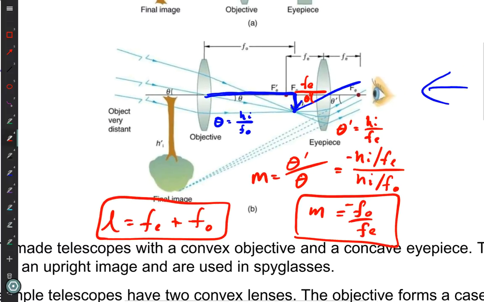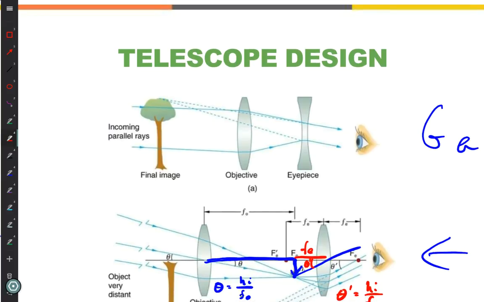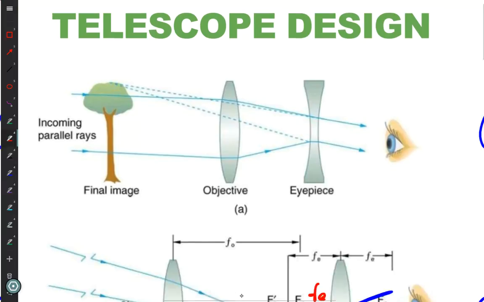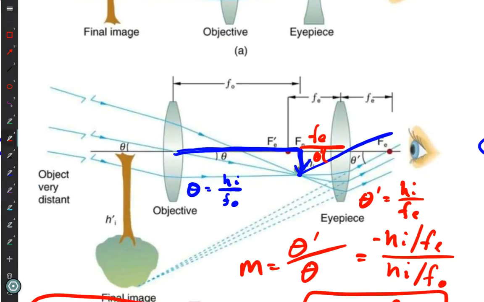So that's the traditional telescope. Well, what's special about Galileo's? Why would he do this? Any ideas? Well, here's the real nuisance with a traditional telescope.